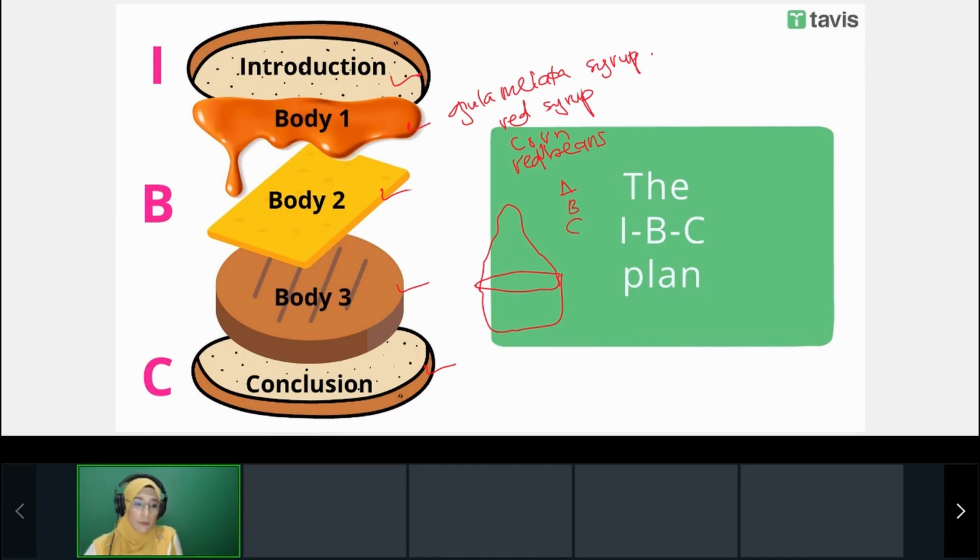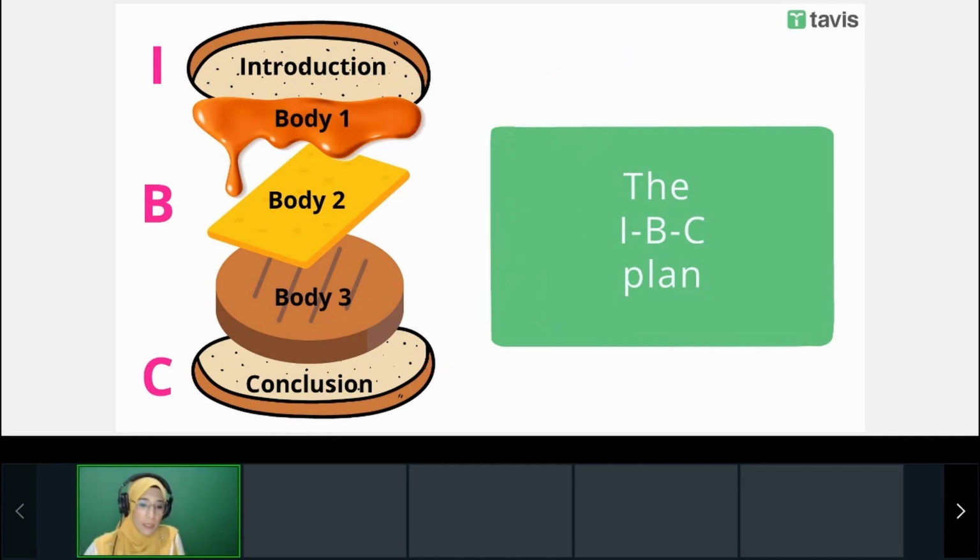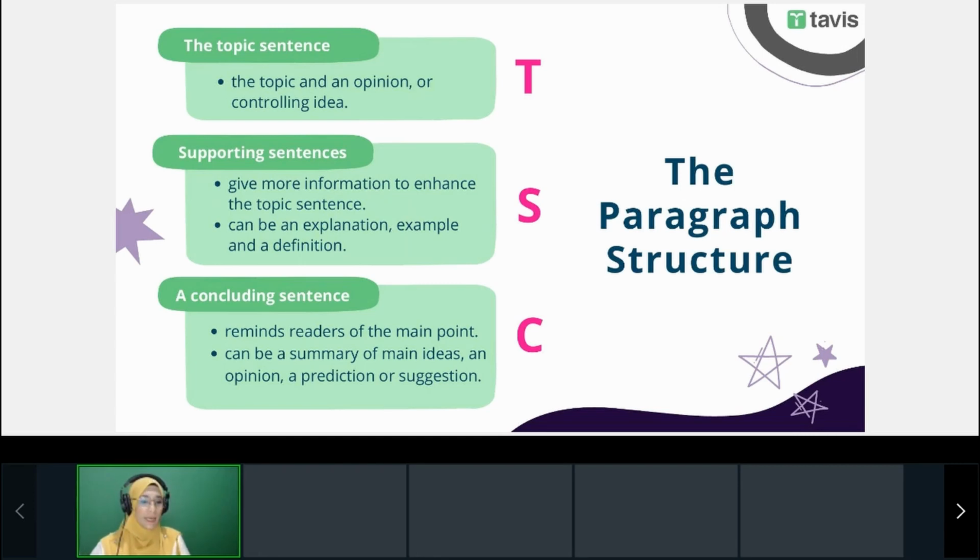So this is just the first part. Now the next part is called the TSC. Okay, if you know me, I love to use acronyms. Now, this is all about paragraph structure. Just now was about the essay structure, the full form of the essay.